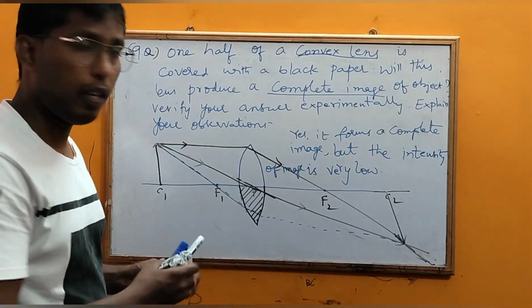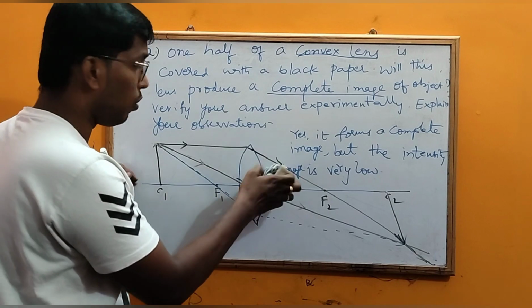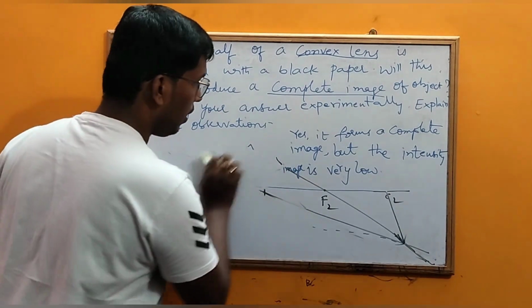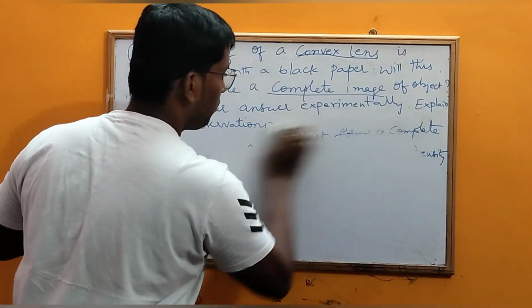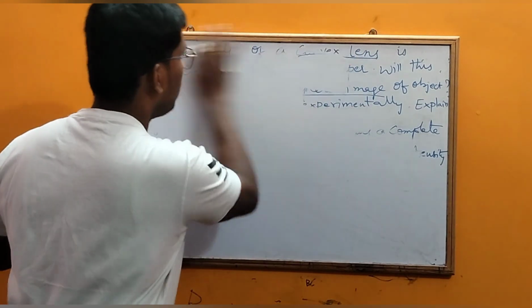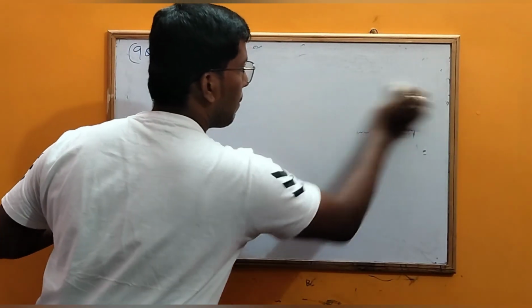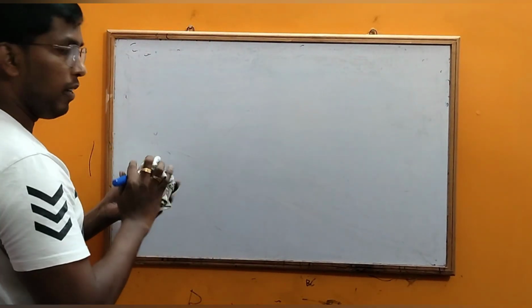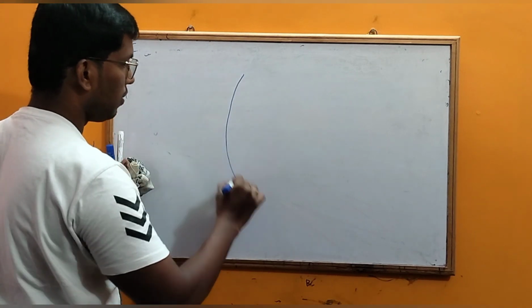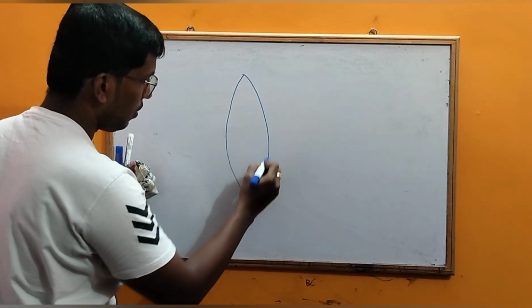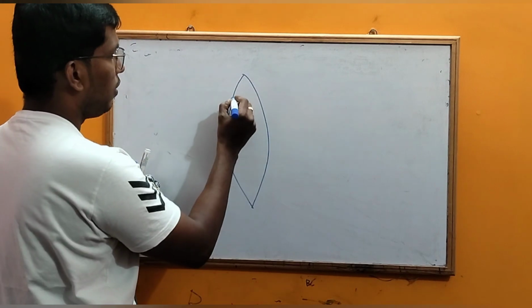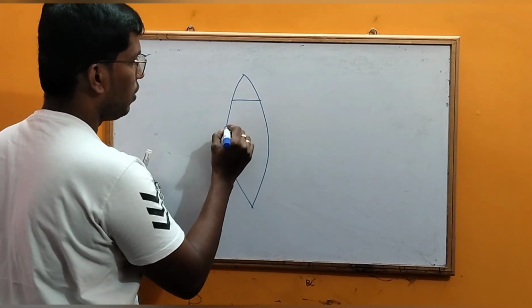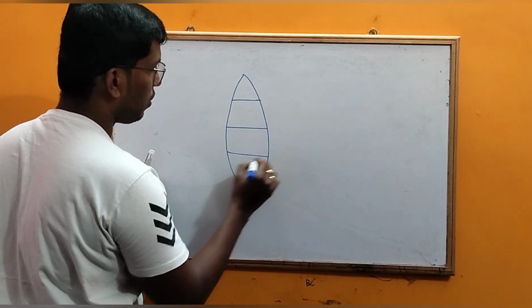One more question, another question can also be framed. I'll explain it. Let us consider this as a convex lens, and here I'll divide this convex lens into 5 parts.